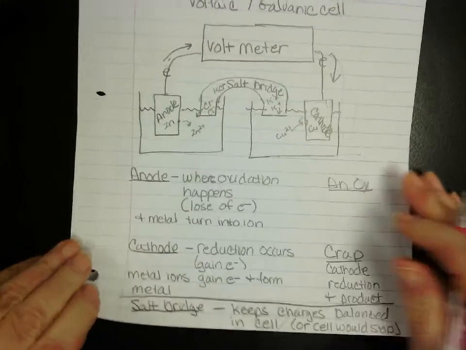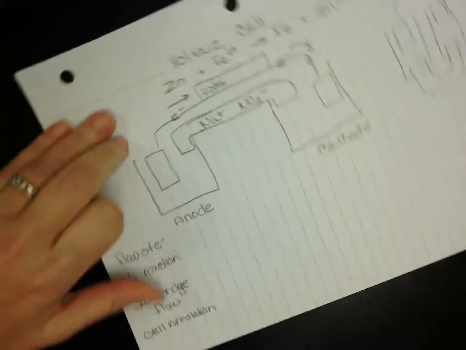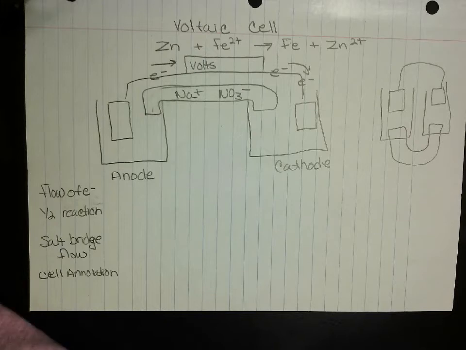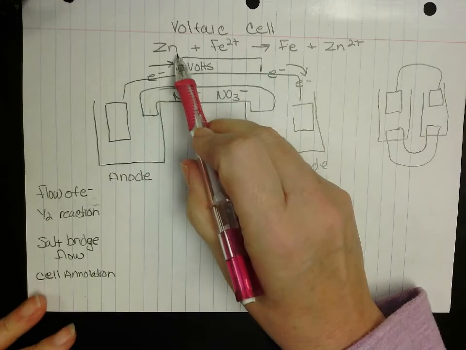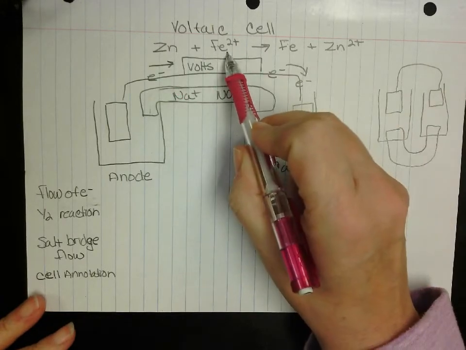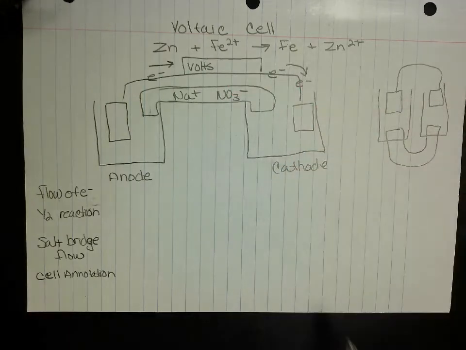So let's do an example. So in my example here, I have zinc turning into zinc ions, and iron ions turning into iron metal.